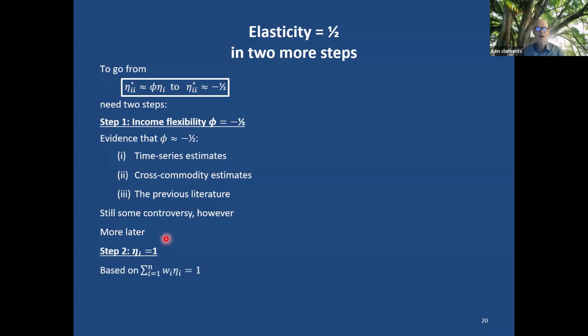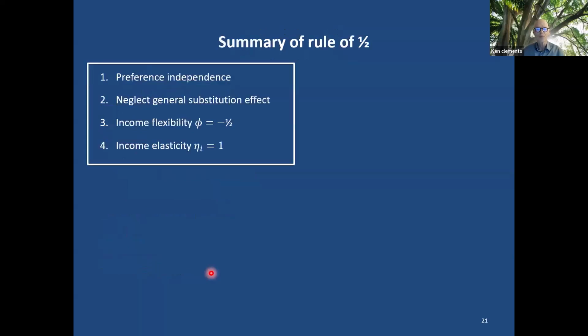The second step to derive the rule is that we need the income elasticities equal to unity. And that's easy based on the idea that all income elasticities have to average out to one from the budget constraint: a budget share weighted average of the income elasticities is equal to unity.